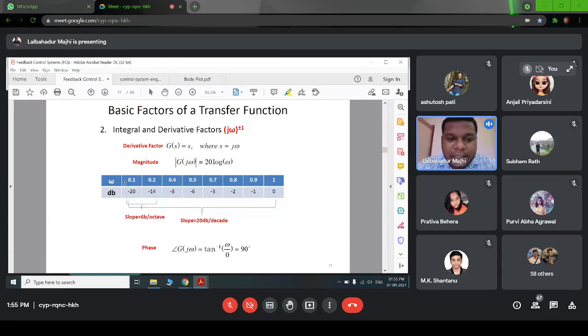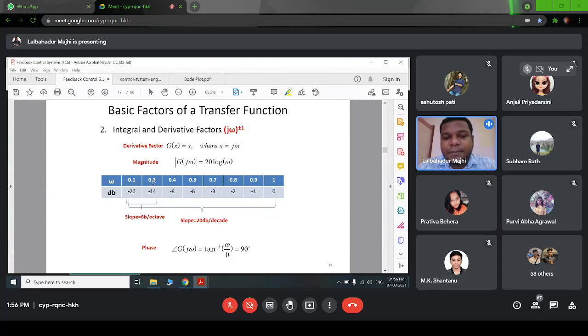So we start from omega 0.1. If we put omega equal to 0.1, we get minus 20 dB. Similarly, for 0.2, it is minus 14 dB. Up to 1, when omega equals 1, we get the magnitude of 0 dB.